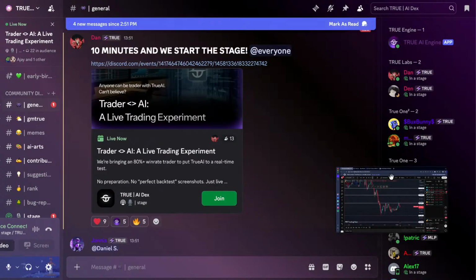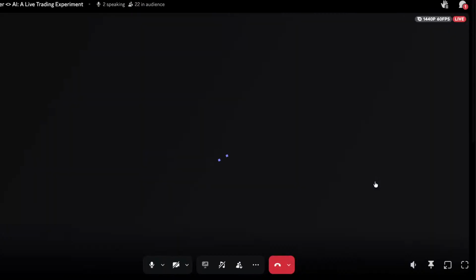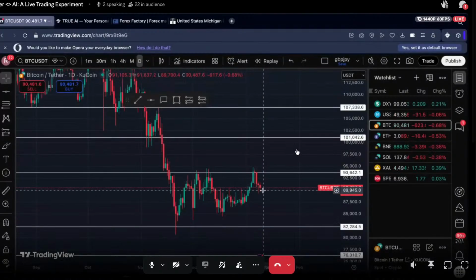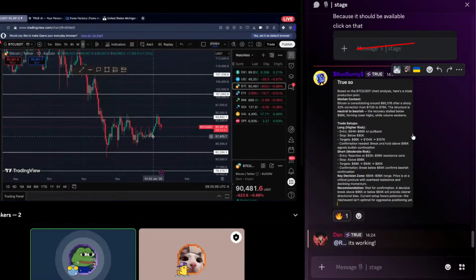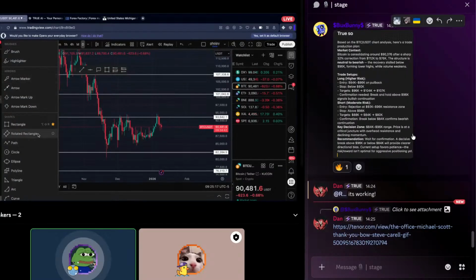We can see from 82K all the way to 94K, all we have been doing is ranging, going up and down, up and down. For the swing trader entering here or entering here, it doesn't make sense. All you're going to be doing is wasting your mental energy just looking at the charts. Instead, we have very, very clean trade ideas.